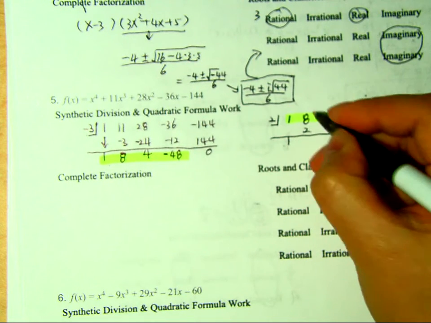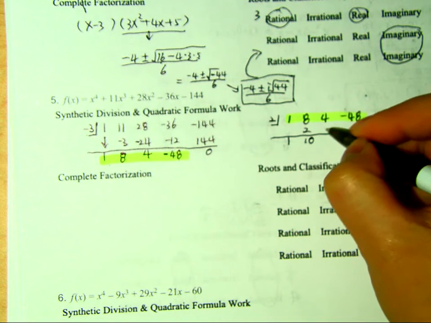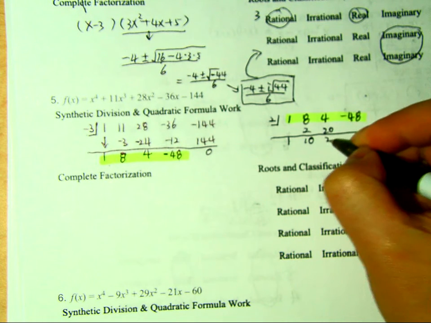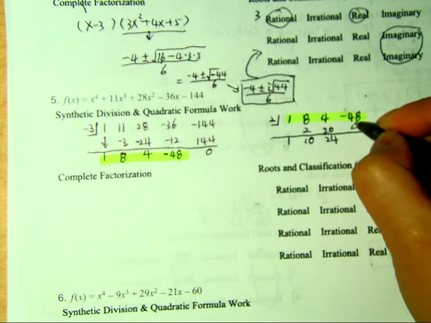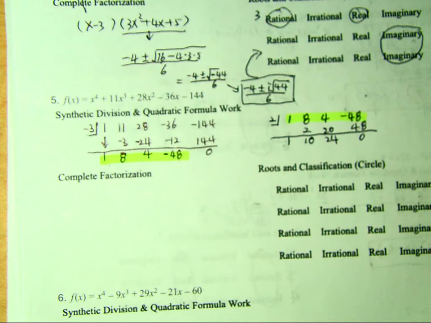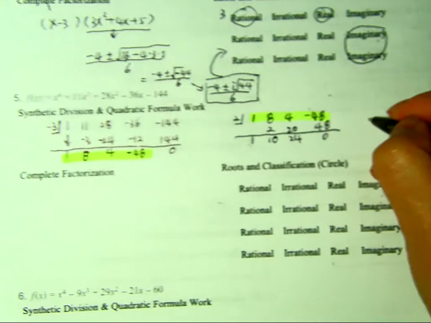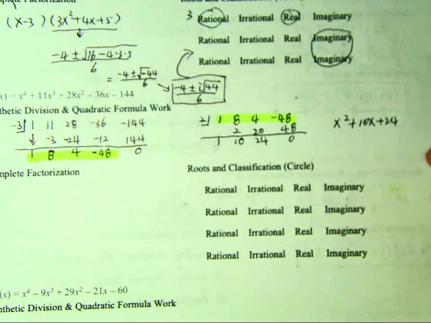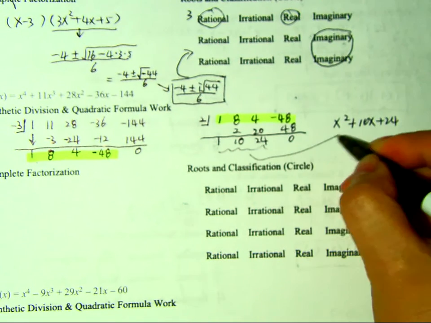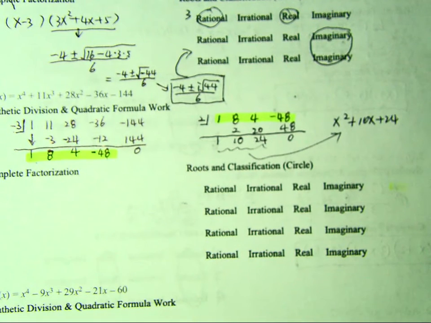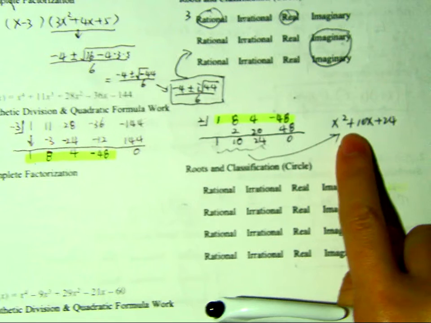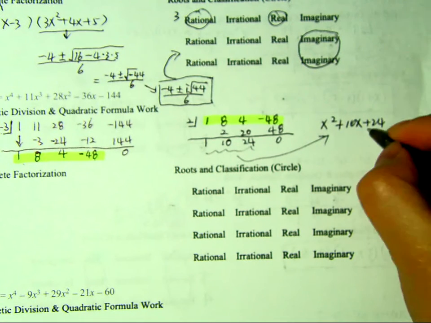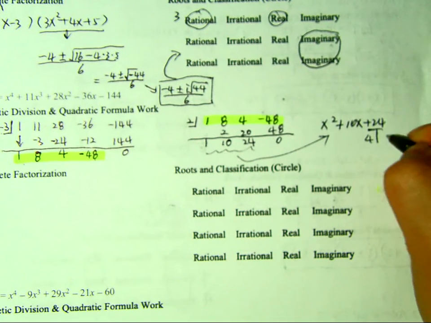Multiply, add, multiply, add, multiply, and add. Now we have x squared plus 10x plus 24. We can factor this into 4 and 6.